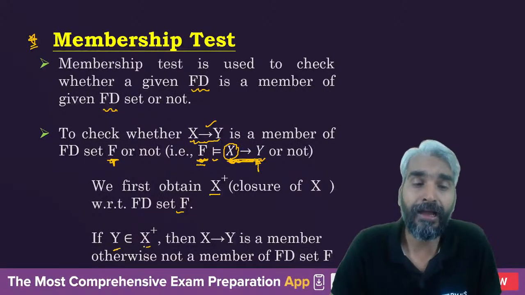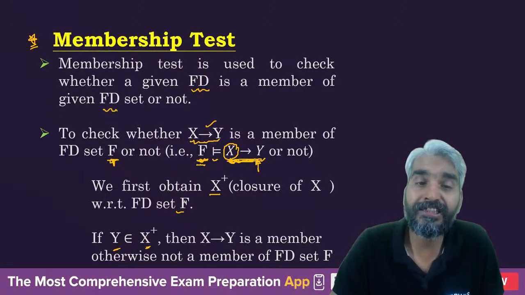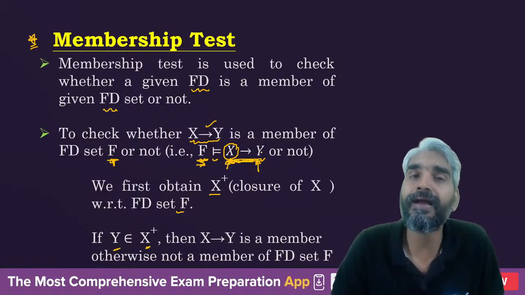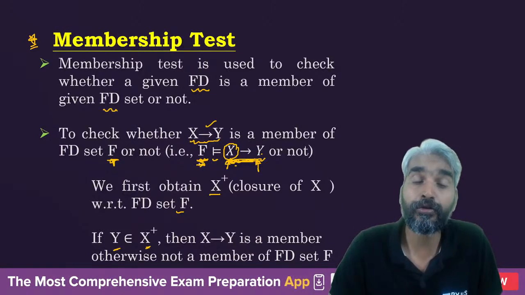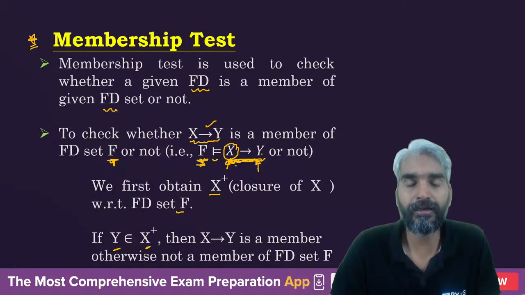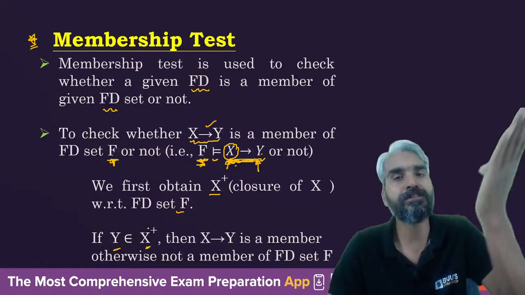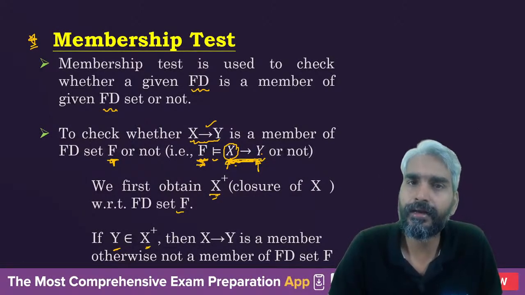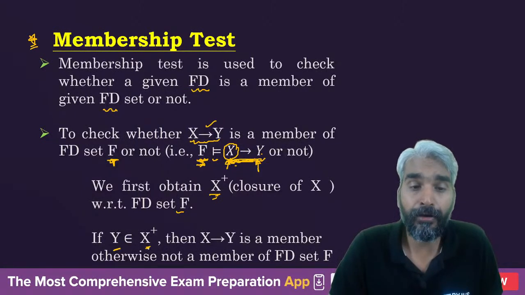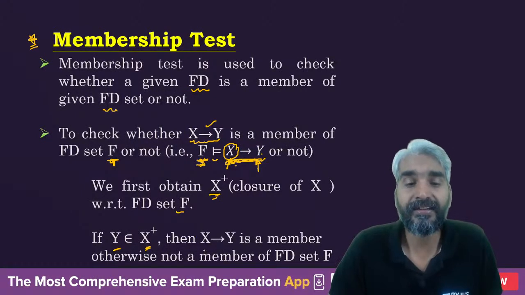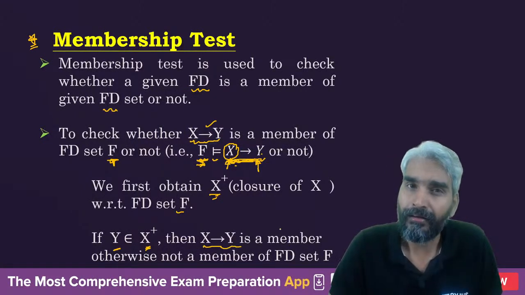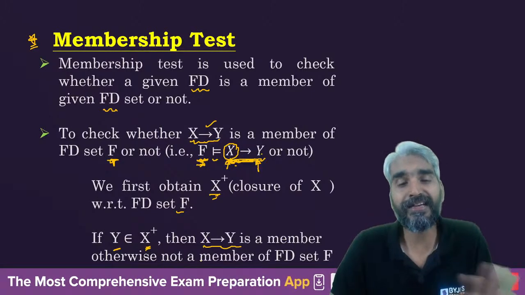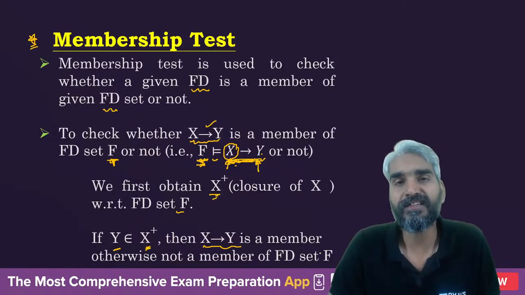If Y belongs to the closure of X, with respect to F, then you can determine Y. That means Y can be determined by X with respect to FD set F. That's what the closure gives, the set of all attributes which can be determined by the given attribute set. So if Y belongs to closure of X, then X implies Y is a member of the FD set F, otherwise not a member of FD set F.